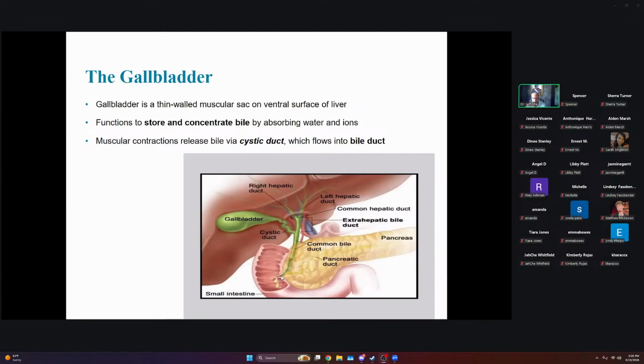Here's the duct coming right through the wall here, that bile making its way straight from the liver. The gallbladder, like I said, is a storage facility for extra bile. The gallbladder, if needed, can release that bile through its own duct down and into the duodenum to, again, physically digest lipids.